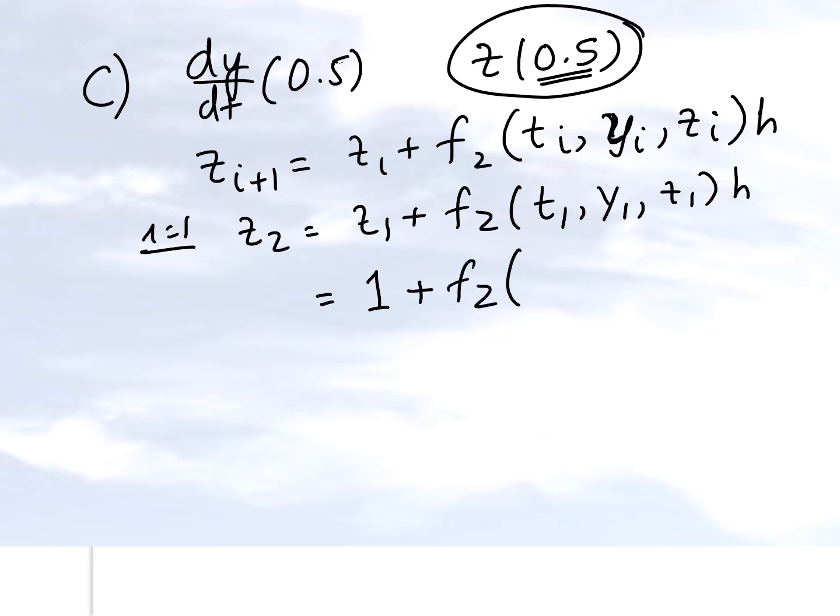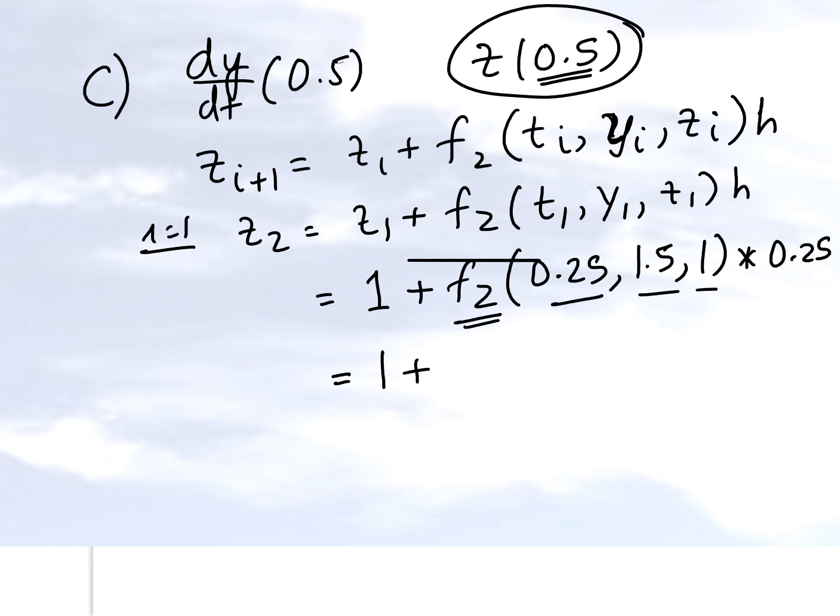And let's see what is f2. T1 is 0.25, y1 is 1.5, z1 is 1, and times h, which is 0.25. So we have 1 plus the value of the function f2 at these values of t, y, and z. We just look at f2: it's e to the power minus t, so it will be e to the power minus 0.25, minus 2 times z, which is 1, minus y, which is 1.5, times 0.25.